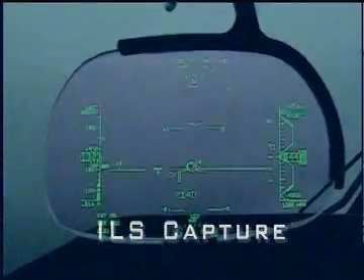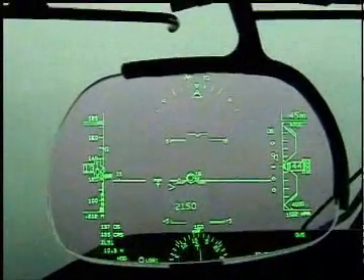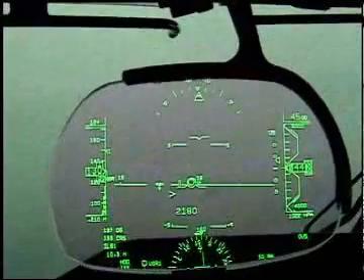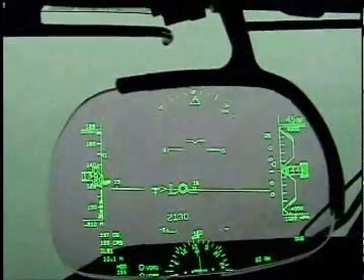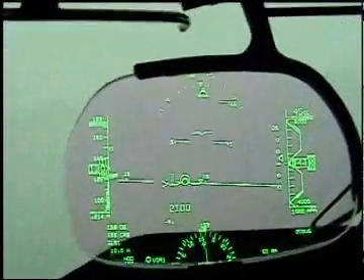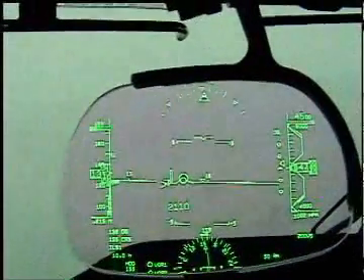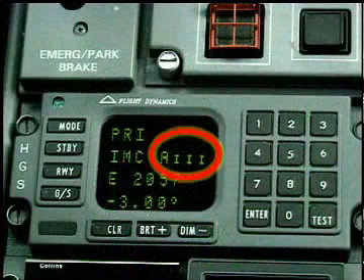ILS capture. The aircraft is just completing the turn to the final approach course and has captured the localizer and glide slope. Prior to an ILS capture, the capability of the HGS to perform an A3 approach is indicated on the HCP by displaying an A3 on the right half of the standby display line.